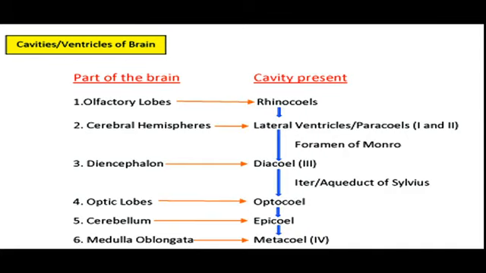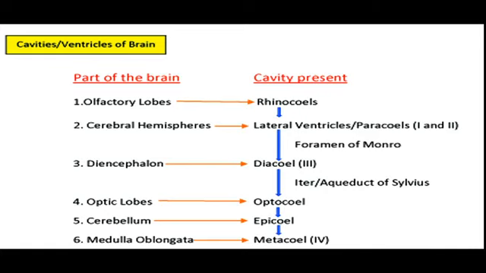Cerebral hemispheres or the cerebrum part has lateral ventricles or paraceles. They are termed as first and second ventricles. The diencephalon part of the brain has diacele, which constitutes the third ventricle of the brain. Optic lobes have optocele in them. Cerebellum has epicele, and medulla oblongata has metacele or the fourth ventricle of the brain.